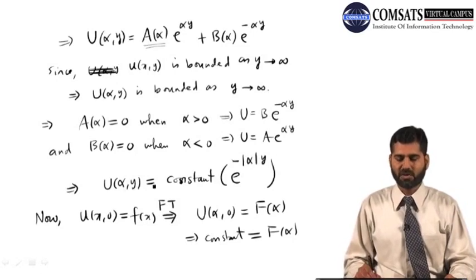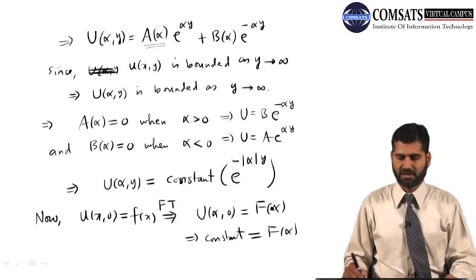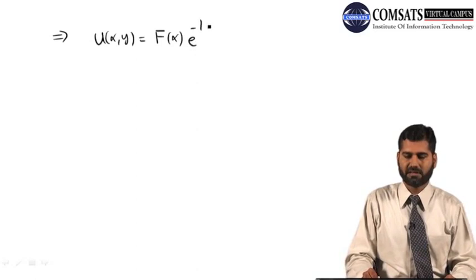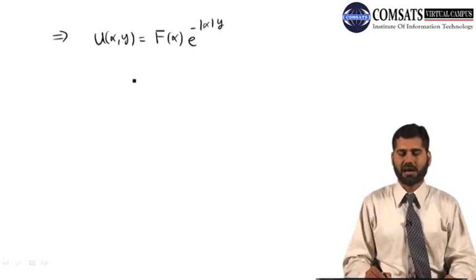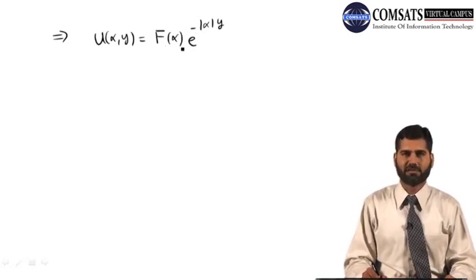So u hat of alpha, 0 is just a constant, and that constant has to be equal to f hat of alpha. Alright? So this implies that u hat of alpha, y is equal to f hat of alpha e to the minus alpha y. This is what you got. Now you don't have to restrict alpha to be positive or negative. It is valid for both alphas.